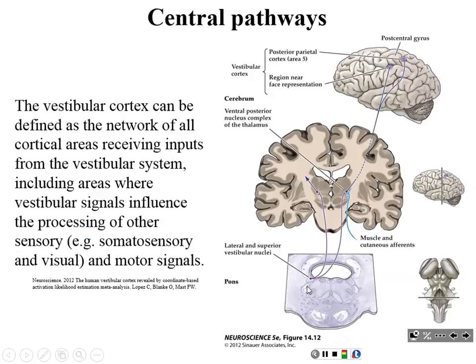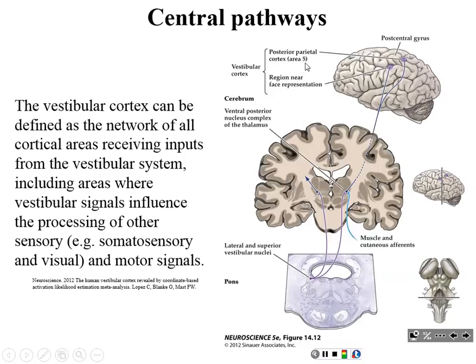I mentioned that from the vestibular nuclei there are projections that go into the thalamus. And from there, from the thalamus, they go into the vestibular cortex. It's a rather diffuse area, but mostly it is the region near where facial representations are located and in the posterior parietal cortex.